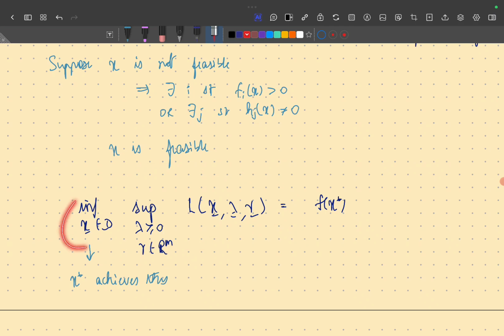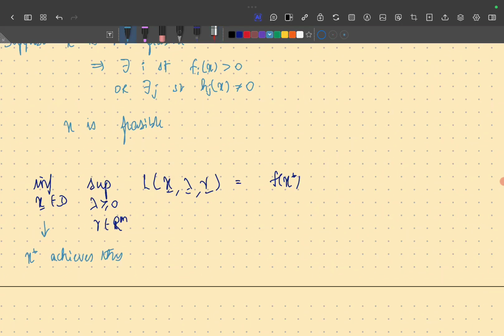But the nice thing is that if I take inf and then sup of this, then the unconstrained minimizer is equal to the constrained minimizer, which is also equal to the supremum over lambda greater than or equal to 0, nu in Rm, of the infimum over all x in the domain of L of x, lambda, nu.